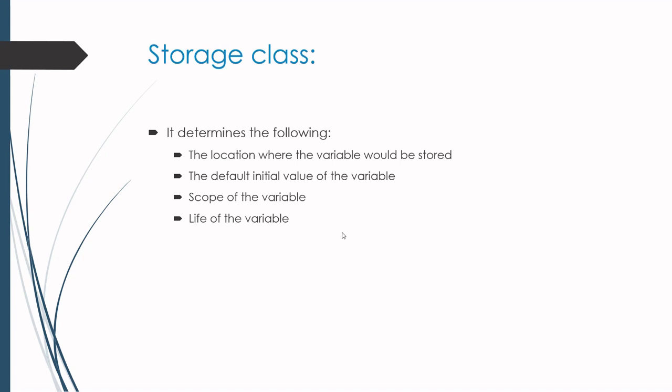Okay, so the storage classes give information about the location of the variable where you are going to store that value, what the default initial value for that particular variable is, and then they define the scope of the variable and the life of the variable.